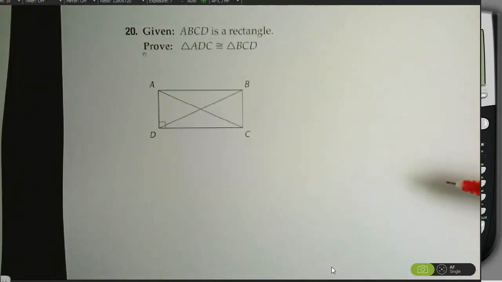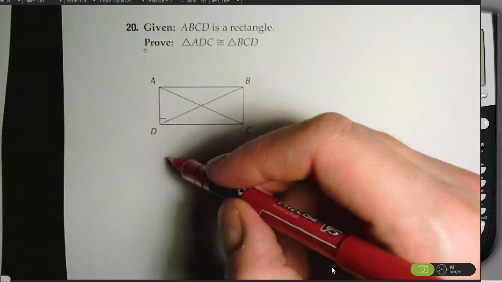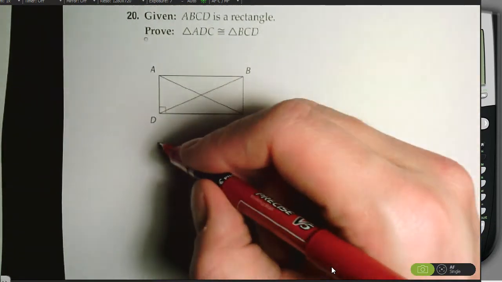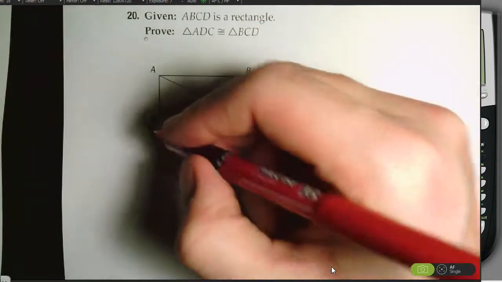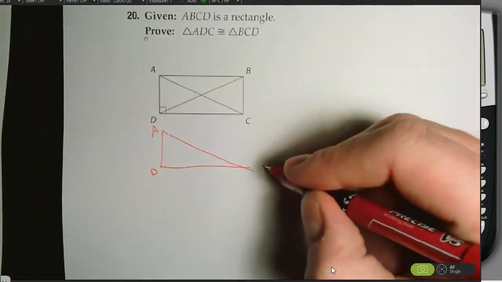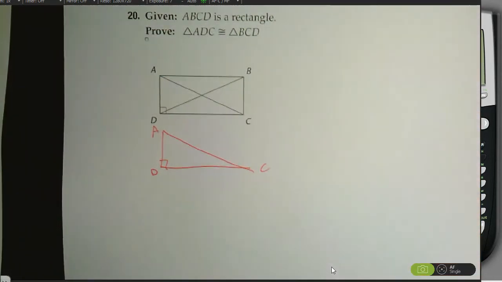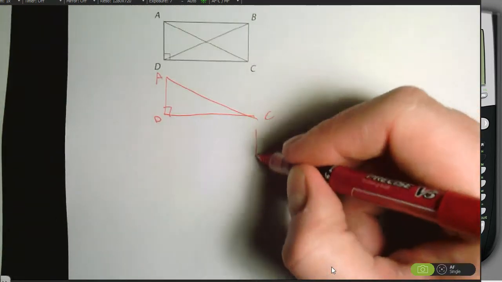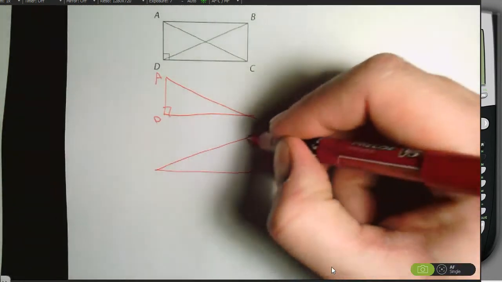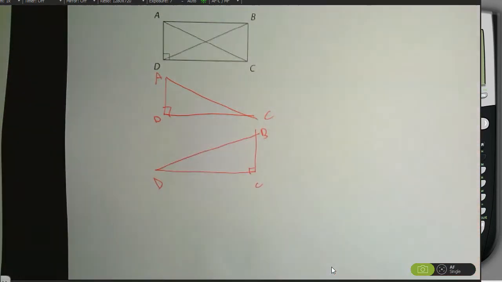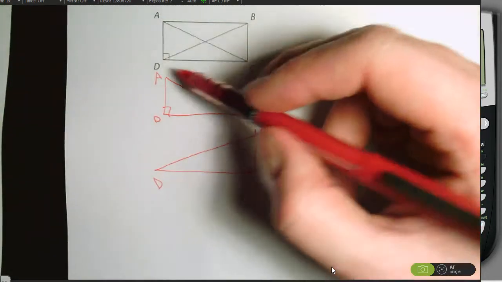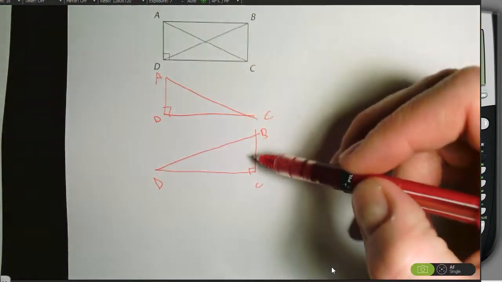Now, what might make it easier is to sketch out the two triangles we're trying to prove. So here's ADC, okay, and here is BCD. I just pulled ADC down here and BCD down here.